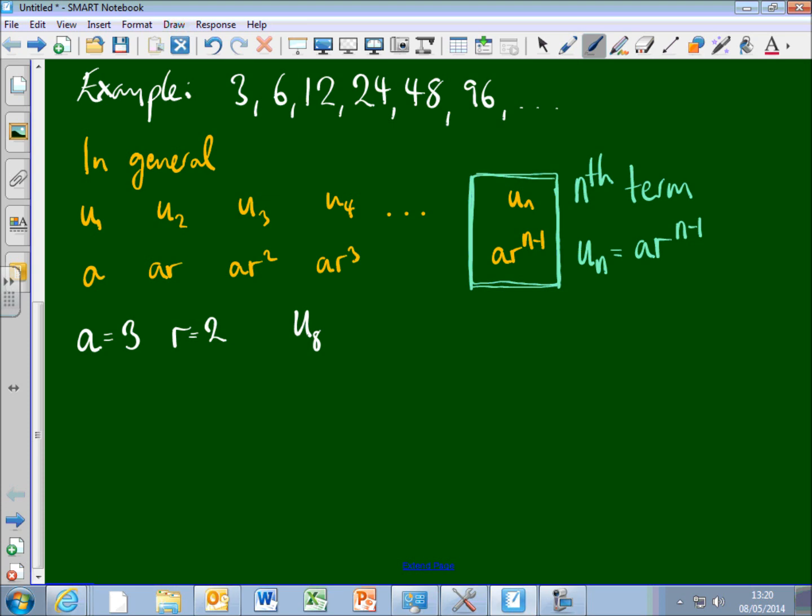If I want to know what U8 is, it's going to be the first term, 3, times the ratio 2 to the power of 8 take away 1, to the power of 7. What's 2 to the power of 7? If I do that in my head? 128, and then I times it by 3. Say again? 384. Perfect.